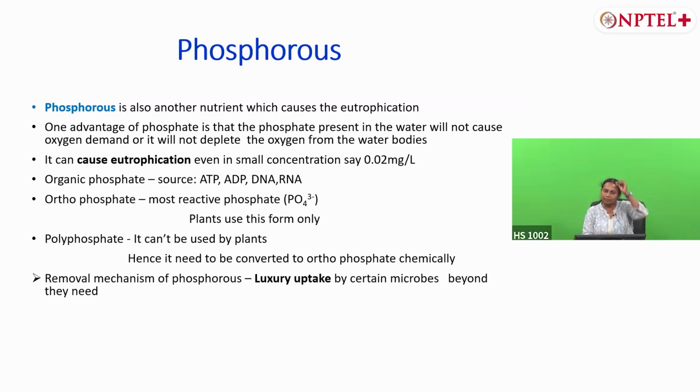Removal mechanism. How can we remove the phosphate? Have you heard about luxury uptake? No. You all have studied about crop rotation and all, isn't it, in agriculture school? After paddy cultivation, what is the next crop we do after paddy?